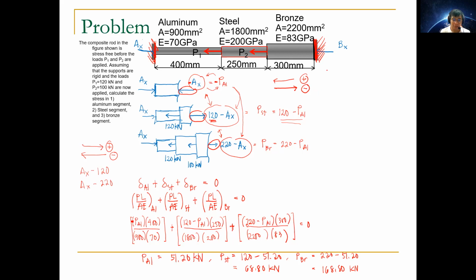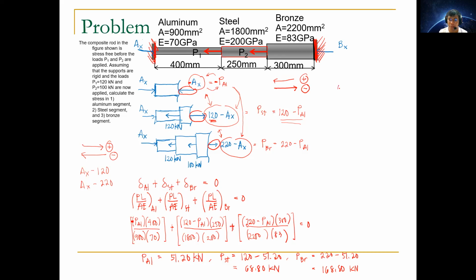Okay, so calculate the stress in the different materials. Since it's referring to normal stress, because there's no other reason that it will experience shear stress, you solve directly using the force over area formula.